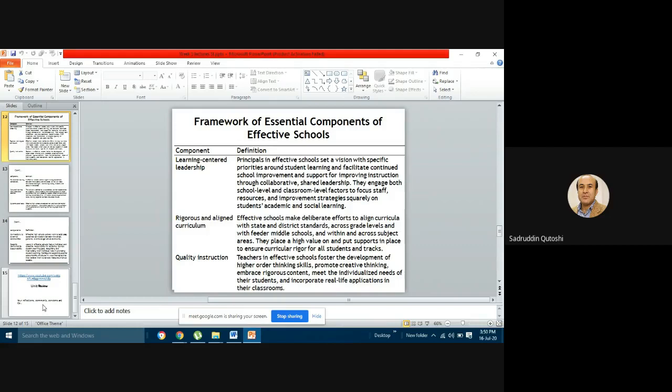And effective schools make deliberate efforts to align curricula with the state and district standards across grade levels, not only one, the generalized one, but across.